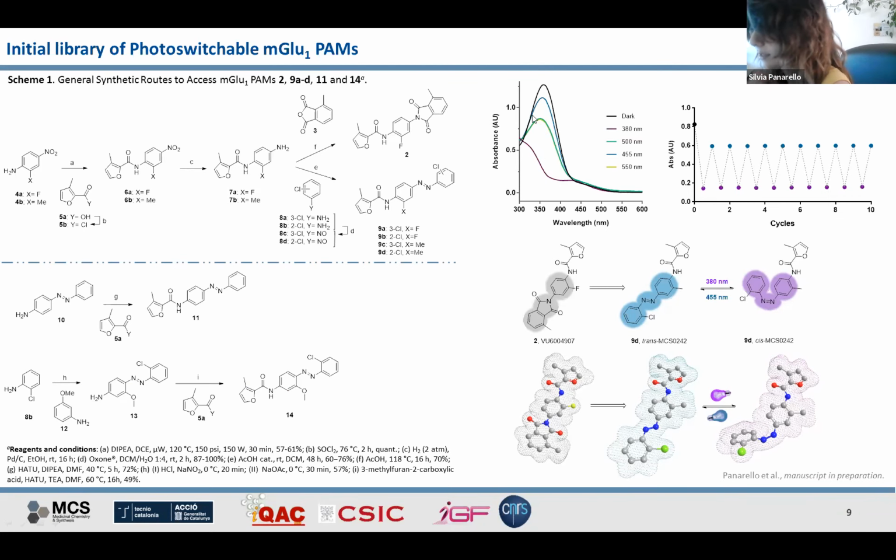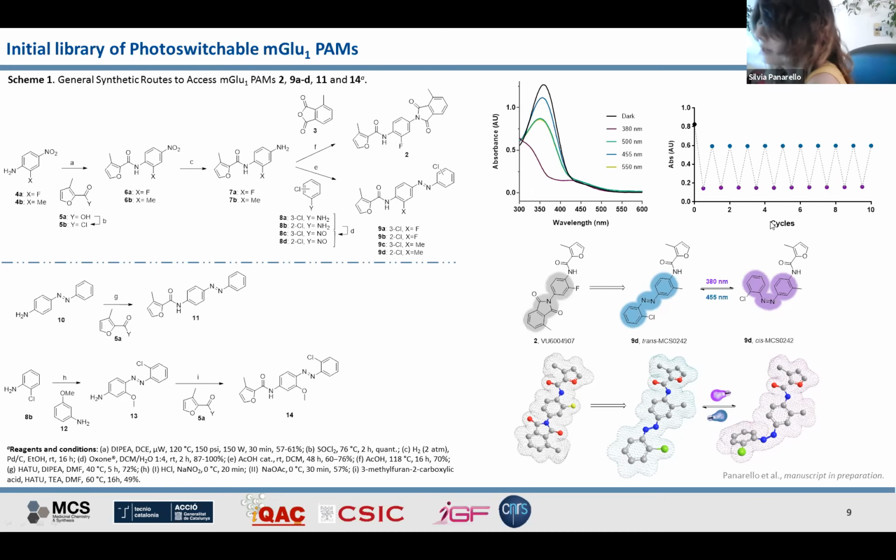But the illumination with the 380 nanometer light allows us to obtain the highest percentage of cis isomer in the photostationary state. And all the six compounds can be back-isomerized to their thermodynamically stable configuration by using 455 nanometer light, or allowing them to thermally isomerize in the dark.